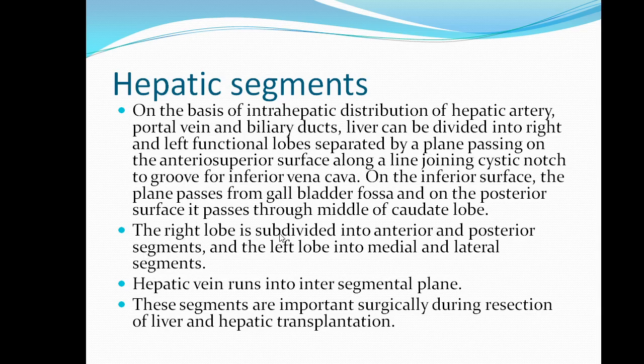The right lobe is subdivided into anterior and posterior segments, while the left lobe is divided into medial and lateral segments. So that way there are four segments, two each in the right and left lobe. In the right lobe they are anterior and posterior, and in the left lobe they are medial and lateral.